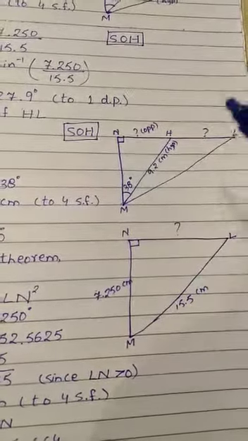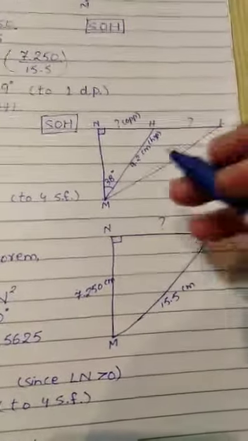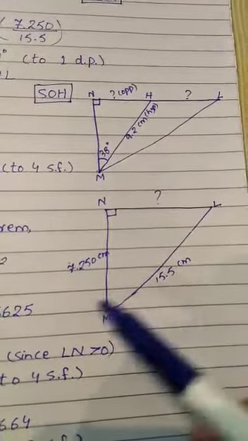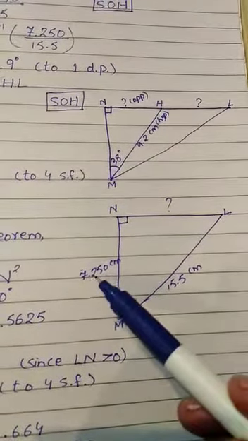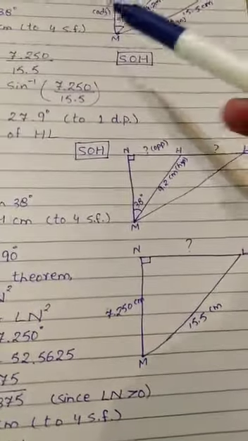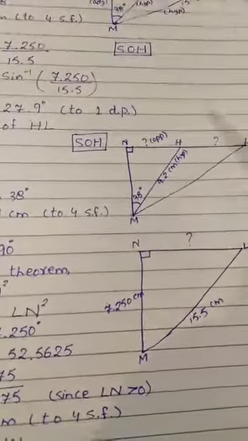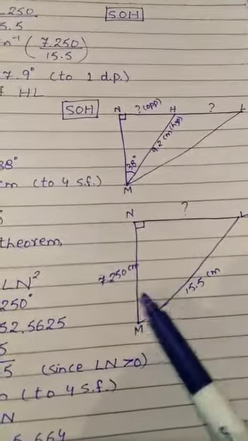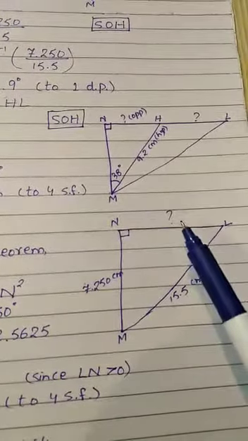Now in triangle LMN, angle N is equal to 90 degrees. Now we can take the complete triangle LMN, and this is a right-angled triangle, so we can easily apply the Pythagoras theorem. The hypotenuse is 15.5 centimeters and the MN length is 7.250 centimeters, which you calculated in part 1.